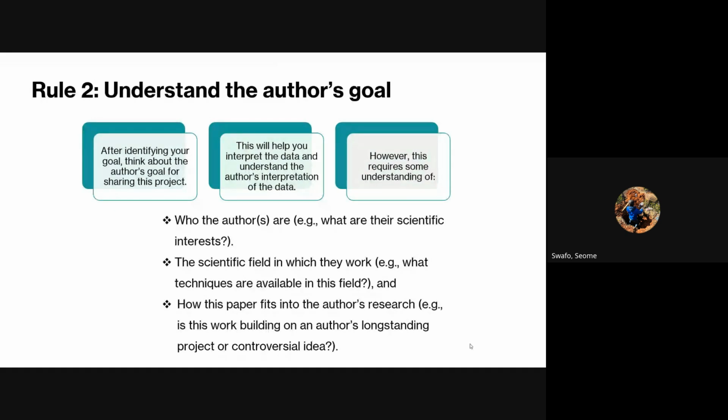You find that they will say the aim of this work, a single sentence telling you what the goal of the work was, but the work has so many components. So you have to understand their goal. This will help you to read better.